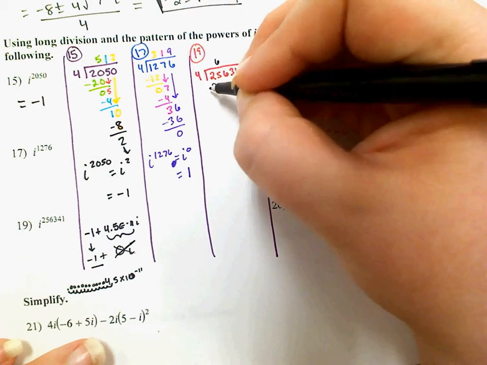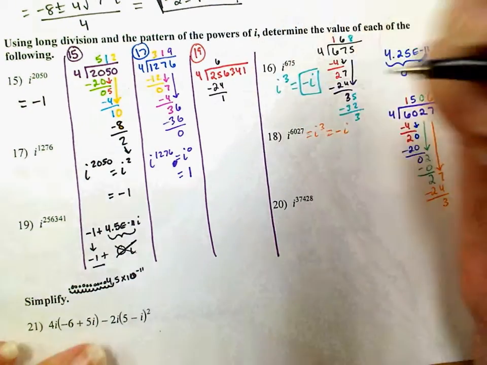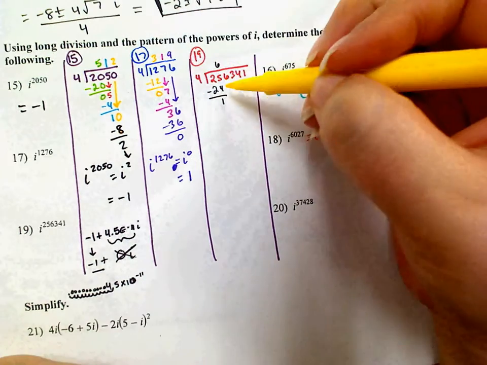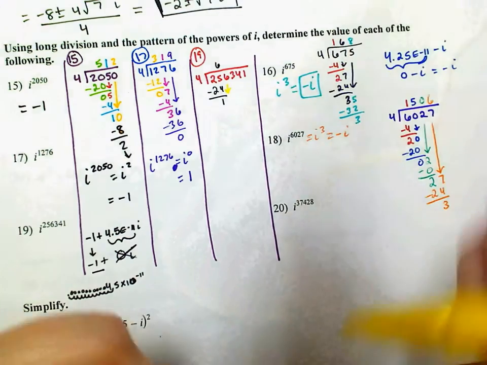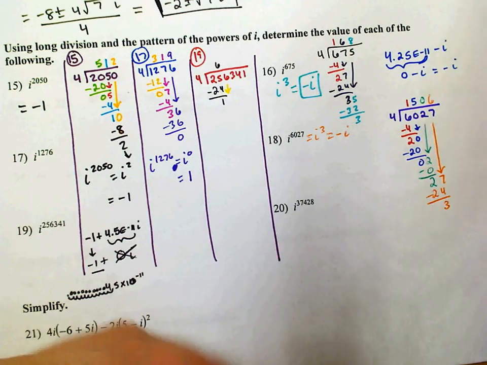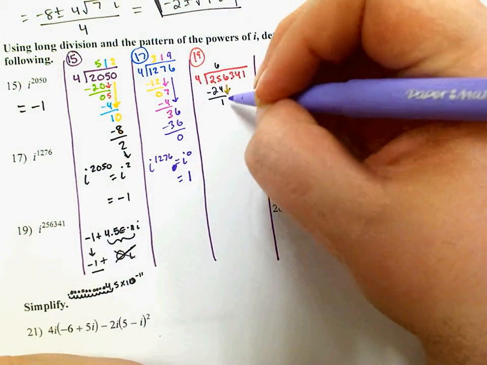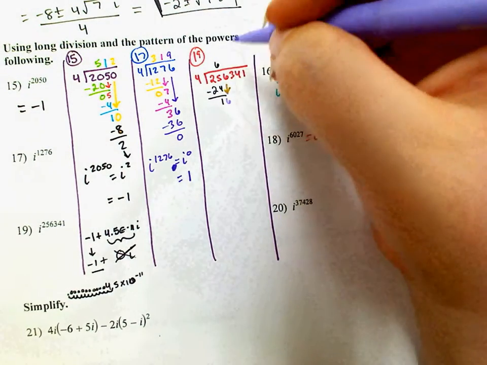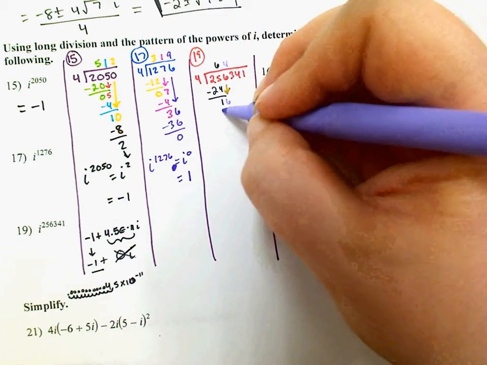Subtract and get 1. Bring down the 6. 4 goes into 16 4 times evenly, so I get 16 and I get 0.